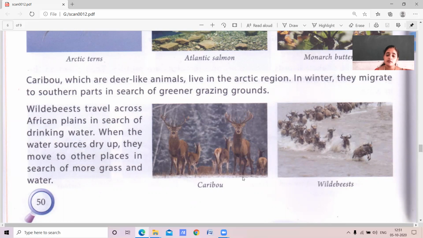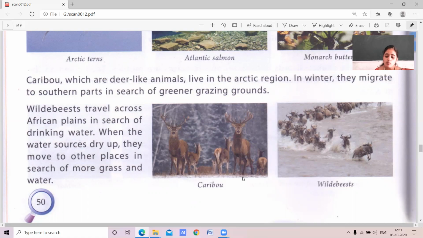If you see here, the caribou, a deer, will move in search of greenery, grazing ground. Whereas the wildebeest will move from one place to another place in search of water as well as grass, children.